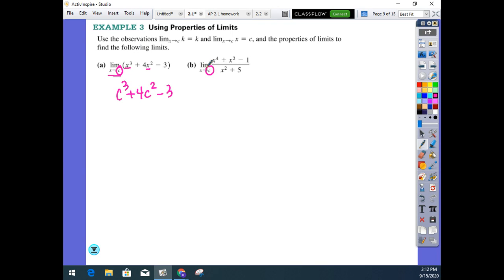Same thing here. Plug c in place of each x. That's all this is. Mostly, we always begin limits with substituting. You take whatever x is approaching and just plug it in for each x. That's it.